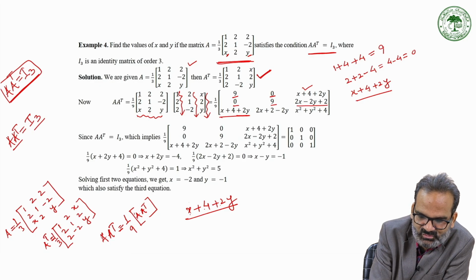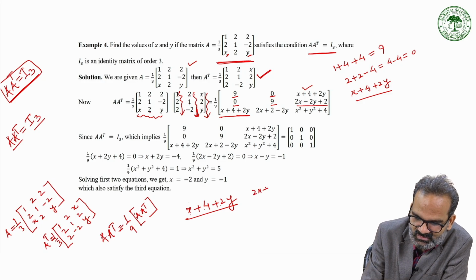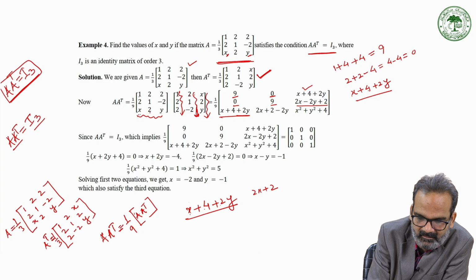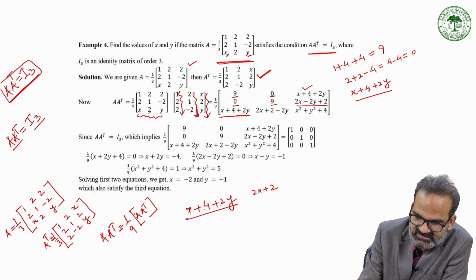Now the third row should be multiplied with the second column. x into 2 is 2x, 2 into 1 is 2, and third is y into minus 2 is minus 2y. So the second element is twice x plus 2 minus 2y.